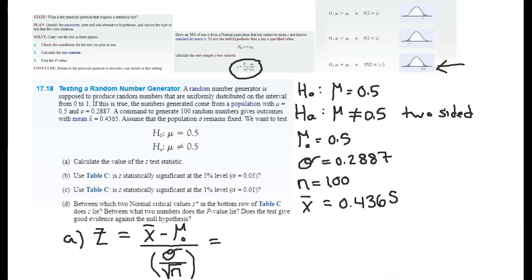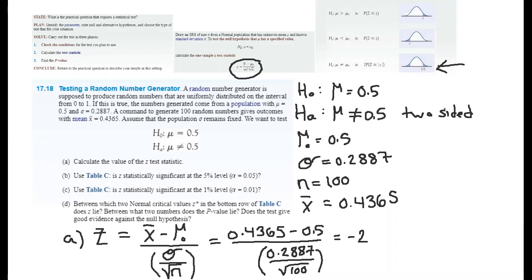For our problem, we have 0.4365 minus 0.5 divided by the quantity of 0.2887 divided by root 100. This yields a z-score of negative 2.20. So we'll go ahead and list that up here. We have a z-score of negative 2.20.